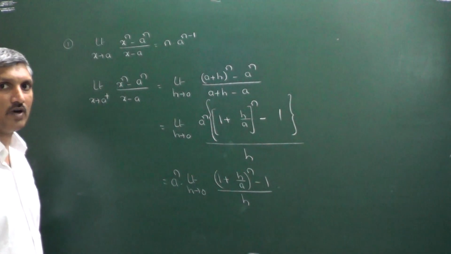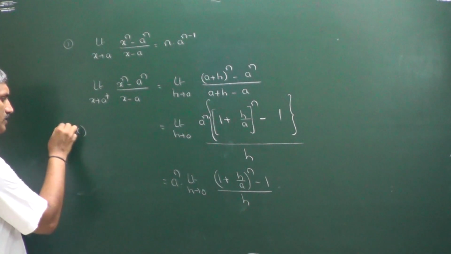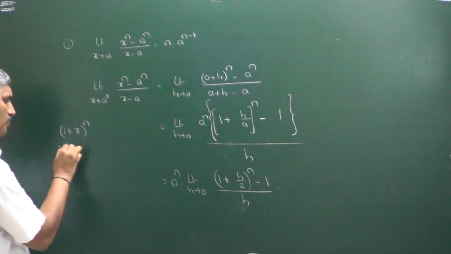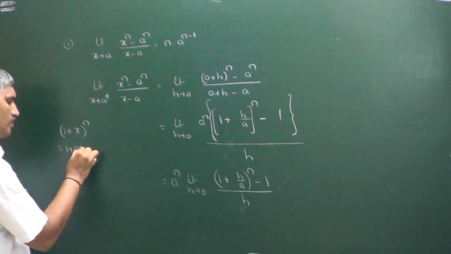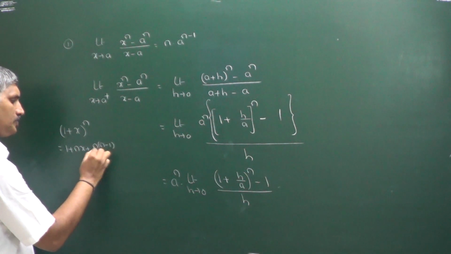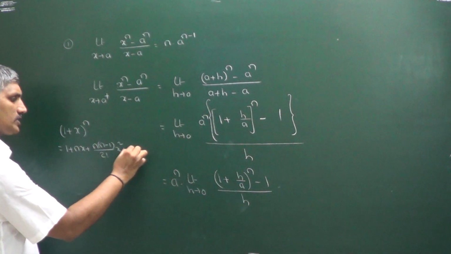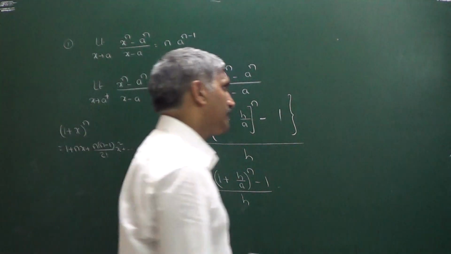I hope everyone knows the expansion of (1 + x) to the power of n. The expansion of (1 + x) to the power of n is 1 + nx + n(n-1)/2! x square plus and so on. So now expand that one.